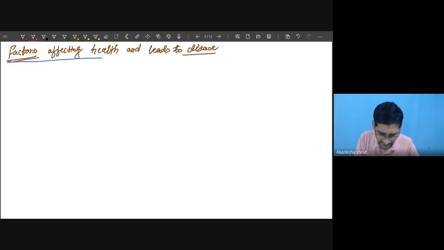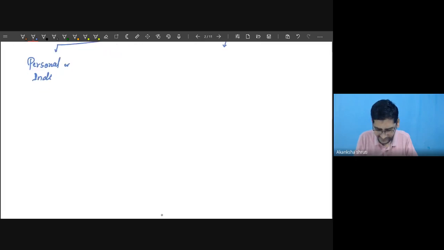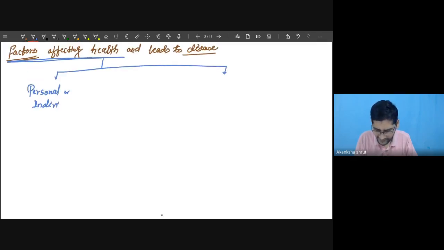So the total factors affecting health, let us divide into two categories. One is called personal factor, which may also be called individual factor.